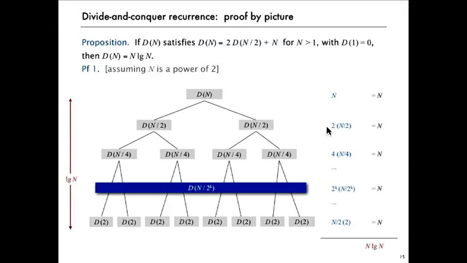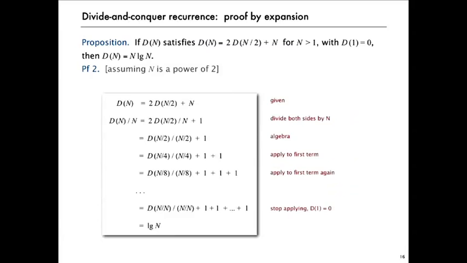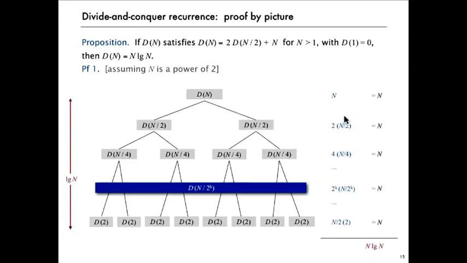But if we're going to do this twice, then we have 2 n over 2s. And then for each one of these, we have divided into n over 4s, and each one of those 4 n over 4s has an extra cost for the merge of n over 4.